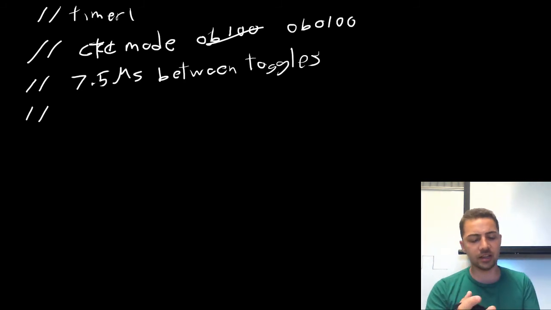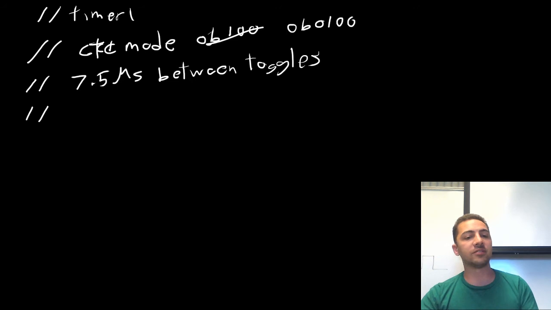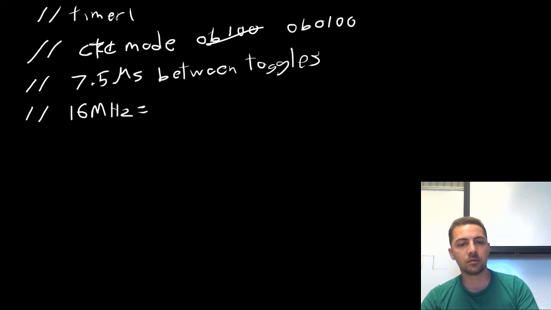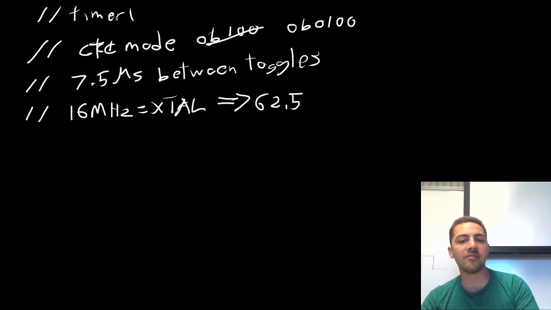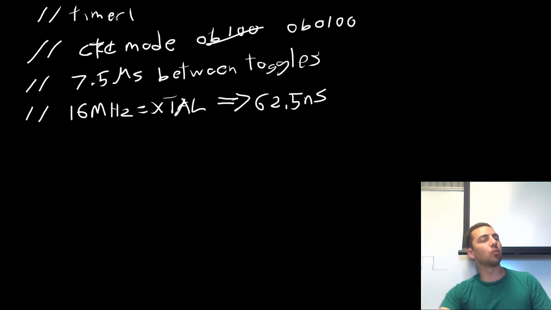All right. So to calculate out the number of ticks we need, I know that our crystal frequency is 16 megahertz, which is the same as 62.5 nanoseconds for the period. I did 1 over 16 million is 62.5 nanoseconds.